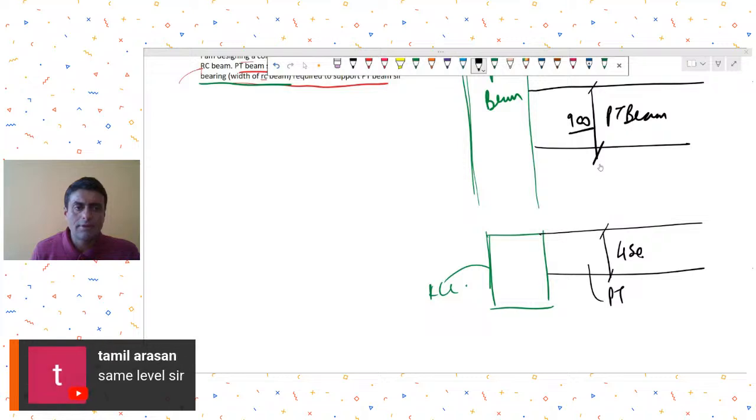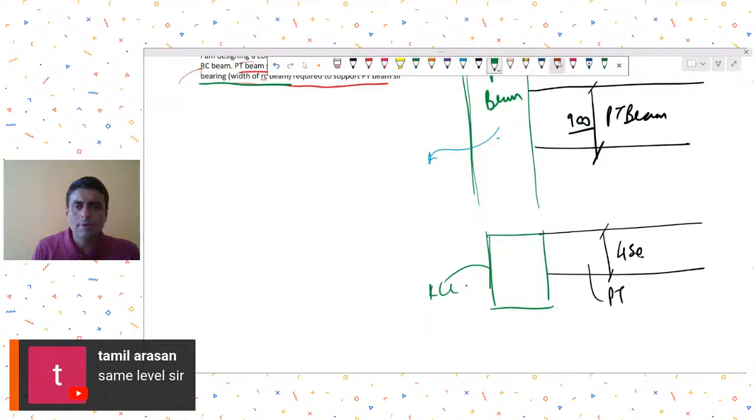Logically, in deciding the widths, you will first have to see whatever reactions are getting transferred from this PT beam. They should be safely resisted by the main RCC beam. So for whatever is the bending moment and shear force in the RCC beam, the width and depth should be sufficient.